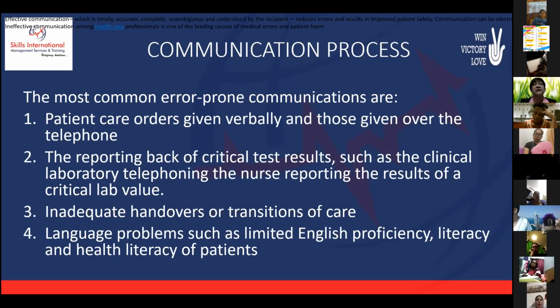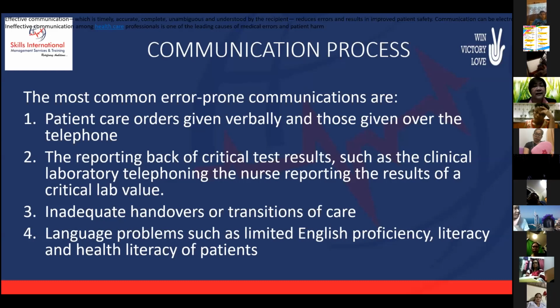When your patients are supposed to go home for discharge, what you need to do is instruct patients effectively. What I mean to say is proper instruction is to be given to your patients. For example, if you are instructing the patient to come back for a follow-up appointment, you have to give the accurate, exact date.